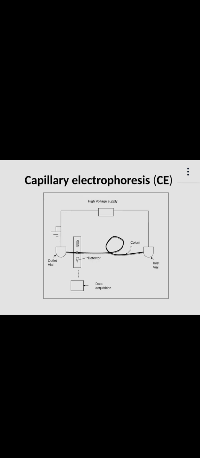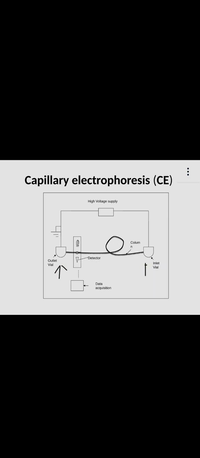The components of the capillary electrophoresis: there is a source and destination vials. So this is the source vial and the destination vial.